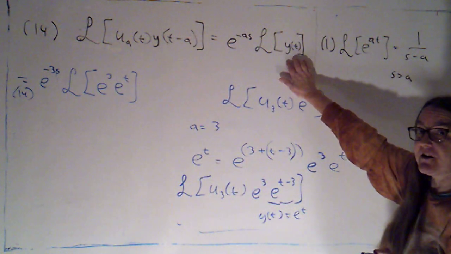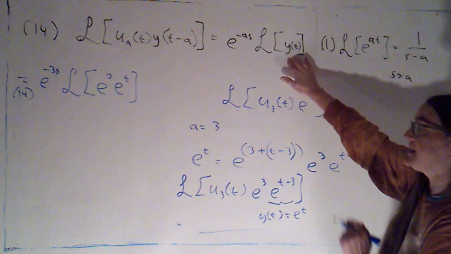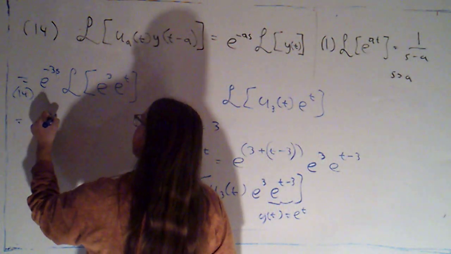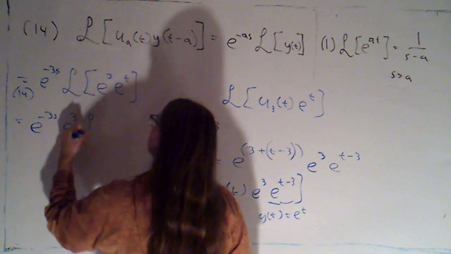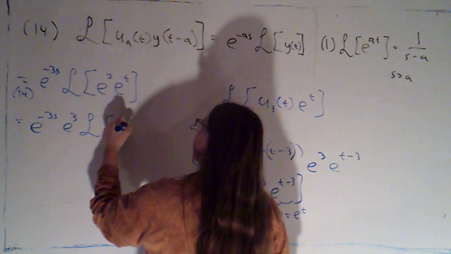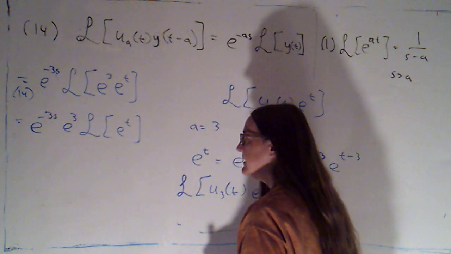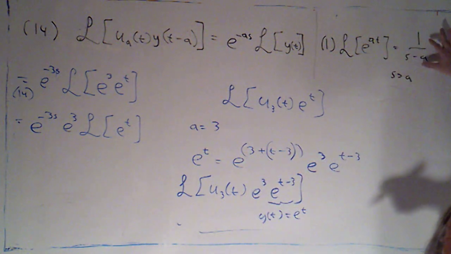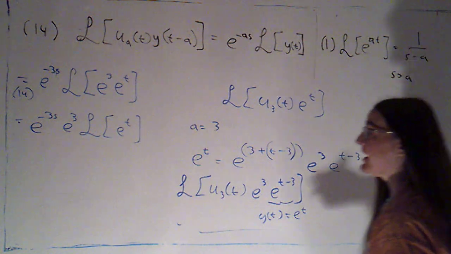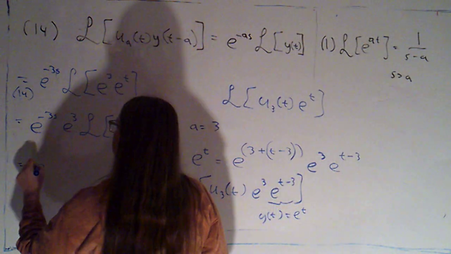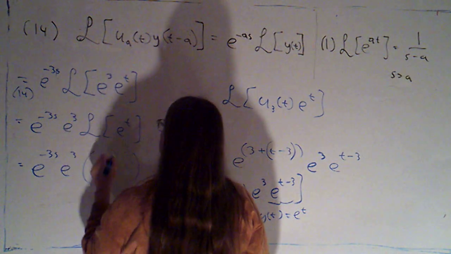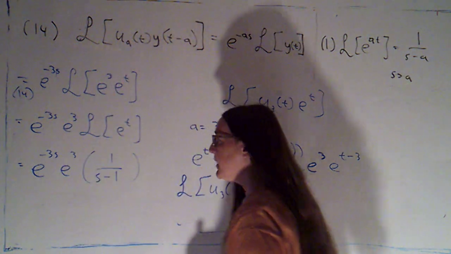I'm taking the Laplace transform of e to the t times e cubed. Okay, so this is e to the negative 3s times e cubed, Laplace transform of e to the t. And that's just e to the 1t, so that's going to give me 1 over s minus 1. So I'm getting e to the negative 3s times e cubed times 1 over s minus 1.